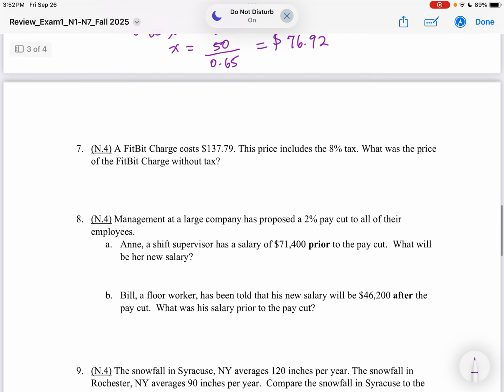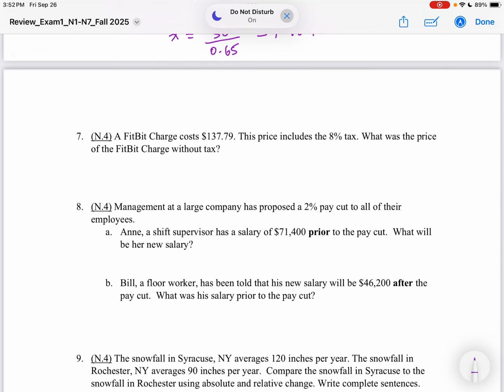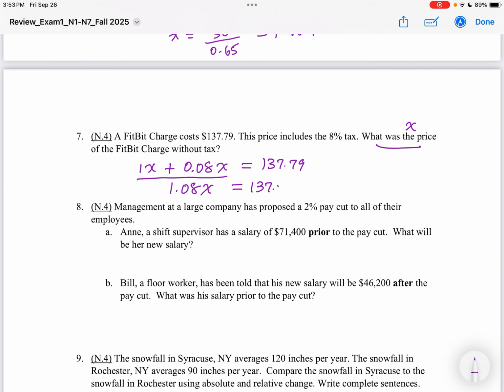Here's more for practice. If a Fitbit charge costs $137.79, and this includes the 8%, what was the price of the Fitbit without the tax? So let's call that X. So X without the tax, but then you add the tax, 8% of that, that gives you $137.79. So this is 1X. Add this up, and you get 1.08x is 137.79.